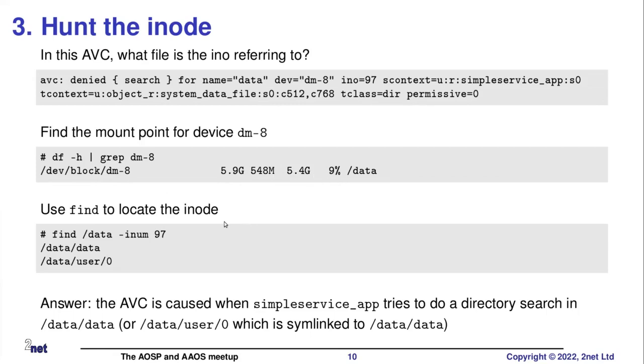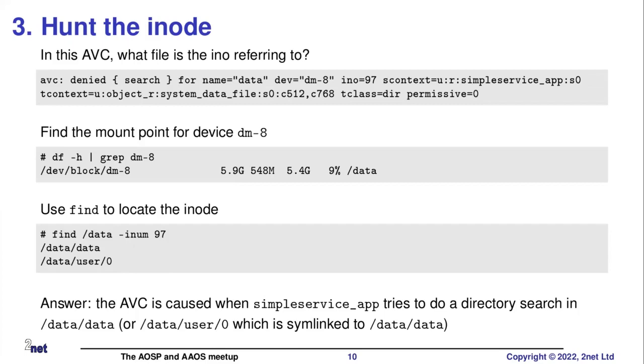And now we need to find inode 97 in that partition. We can use the find command with -inum, and it prints out the path. Actually it prints out two paths. It prints out /data/data, and also /data/user/0, which is a symbolic link, in fact, to the first one.